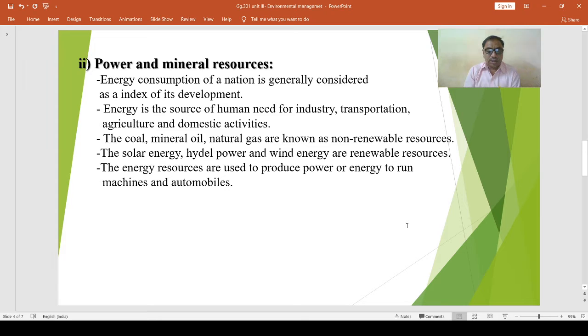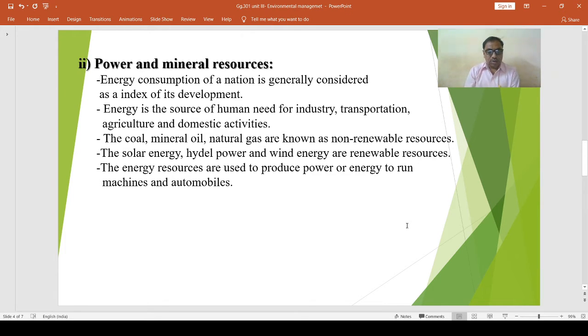There is an increase in the level of consumption of energy for industry, agriculture, transportation, mining, etc. The fossil fuels like coal, oil, and natural gas, which at present are supplying about 95% of the commercial energy of the world, are not going to last for many more years.